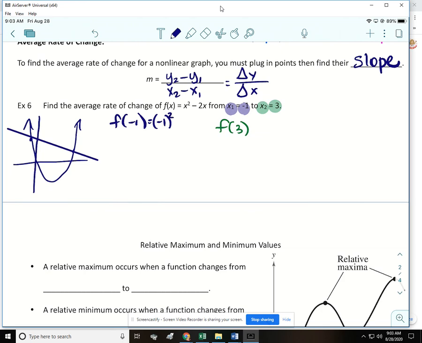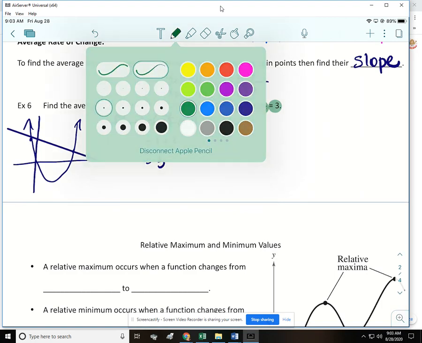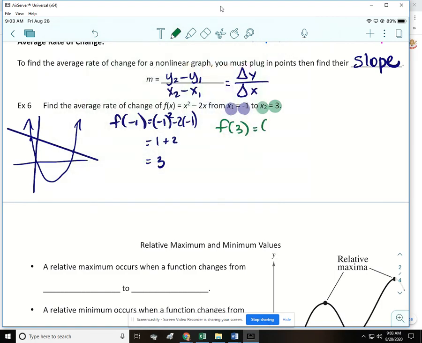So we'll square it, multiply it by -2, and then combine our like terms. So this ends up being 1 plus 2, which is 3. All right, same thing here. Square it, multiply it by -2. So we end up getting 9 minus 6, which is also 3.